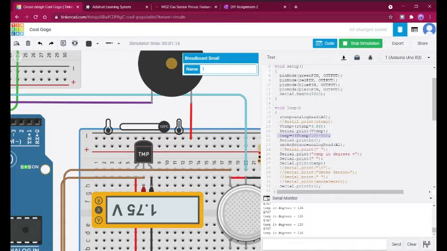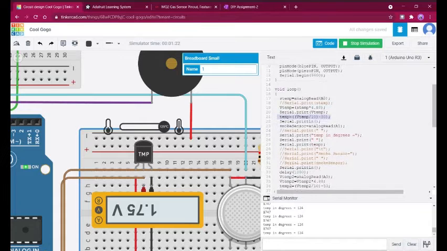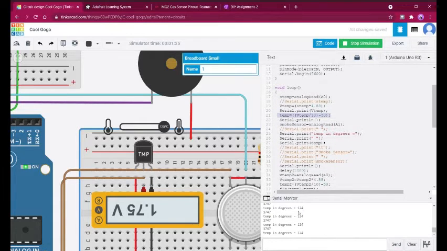I have replaced stemp into 4.88 by vtemp here. So this is how I have managed to convert the temperature to degrees. As you could see here, I have set the temperature against 125 degrees, and it displays 124 approximately.